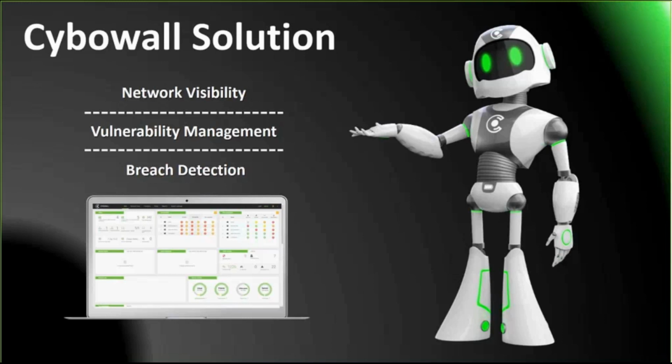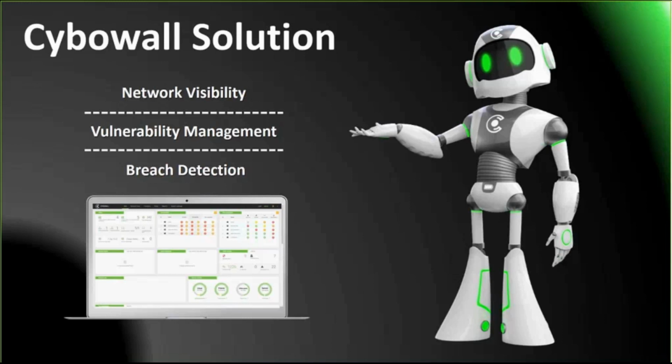During-attack tools are the main bulk, the main segment, which would be antiviruses, firewalls, IDS and IPS, SIEM, anything that monitors and reacts to a breach or a hack. And the post-attack tools are forensics and incident response tools. Now, what we aim to do with Cybowall is to provide capabilities that exist in each of the three segments.